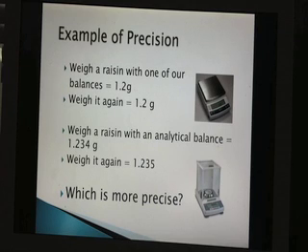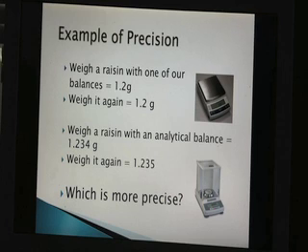So let's look at an example of precision. If we had a balance in the lab that could measure a mass to 1/10 of a gram, we weigh the raisin the first time and it's 1.2 grams. And we weigh it again and it's 1.2 grams. If we have an analytical balance that now goes out 3 decimal places to the thousandth place, well, the first time we weigh it, we might get 1.234, and the second time 1.235.